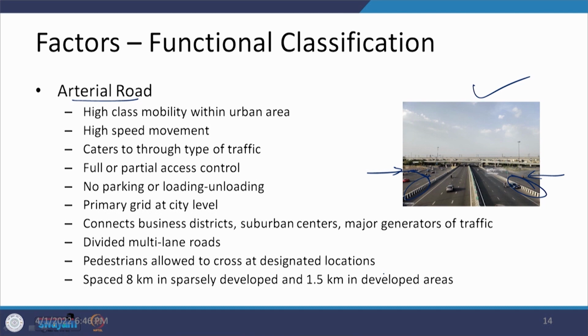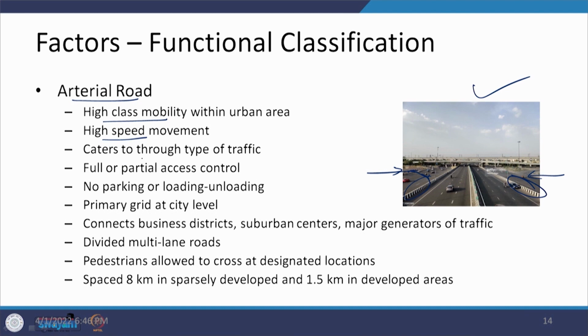That allows you to create high-speed mobility, maybe something like 60 or 70 or 80 kilometers per hour. Again, when we take up design speeds, we will come back to this aspect.